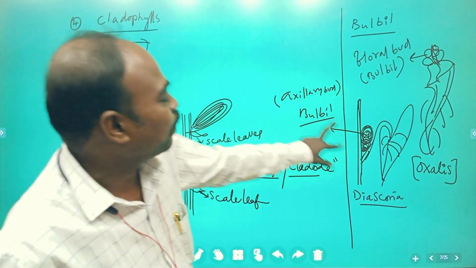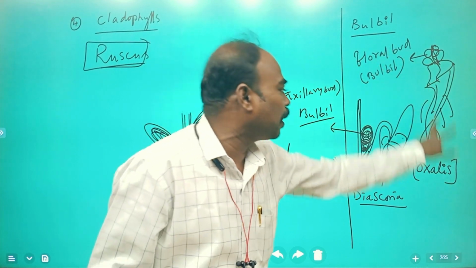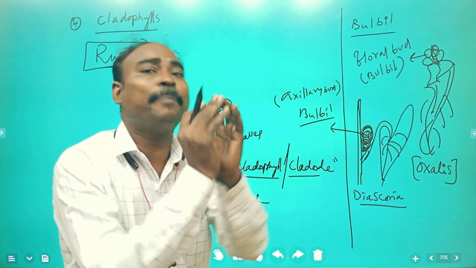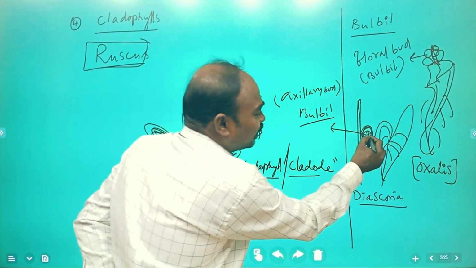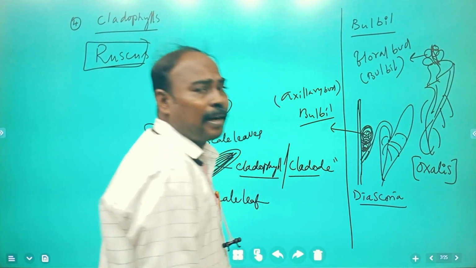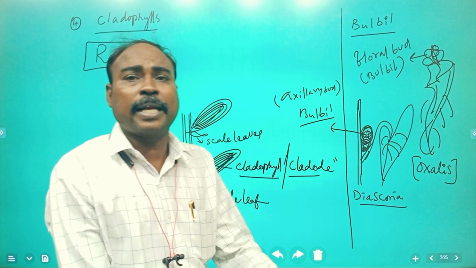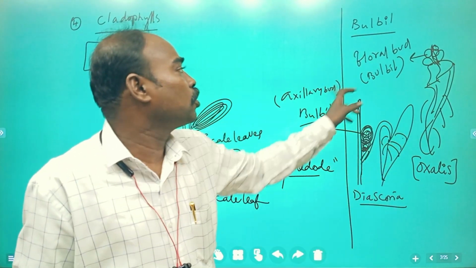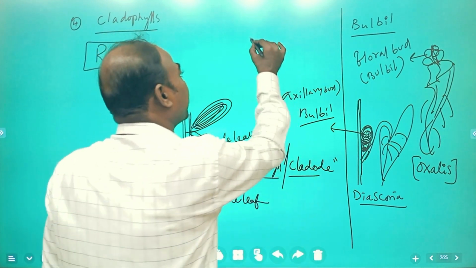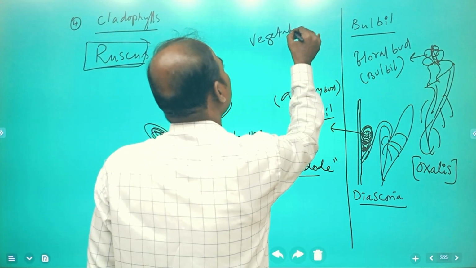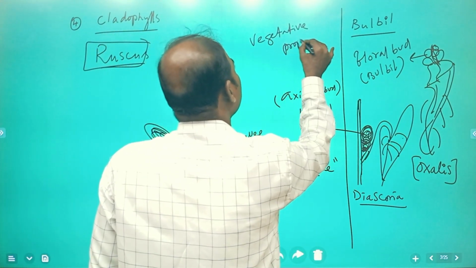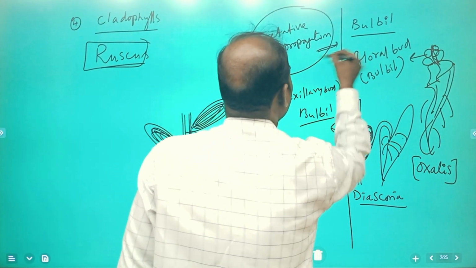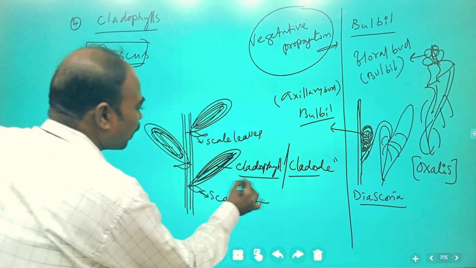Whatever it may be, axillary bud in Dioscorea or floral bud in Oxalis, the bud stores food material and becomes bulged. Whenever these buds separate and fall on a suitable substratum, they can germinate and produce a new plant. Hence the bulbils participate in vegetative propagation. So bulbils help in vegetative propagation.